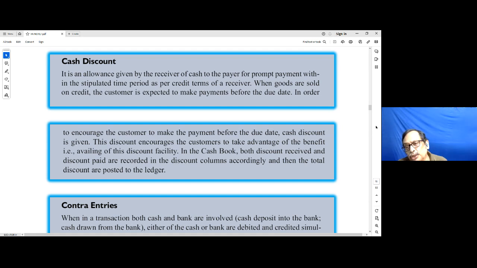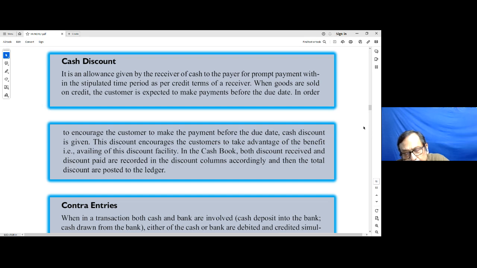Now, in short, if I discuss the meaning of cash discount, the answer is very simple. Cash discount is a discount which is allowed by the business to the customers who make prompt payments.